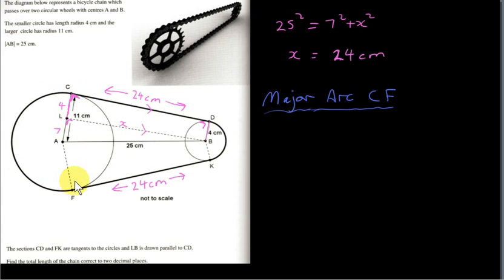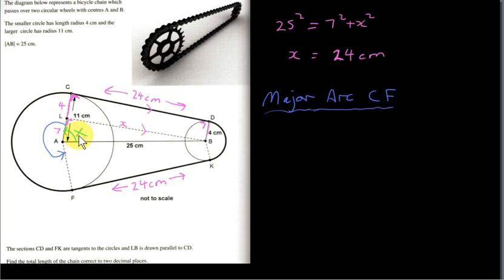To get the major arc, we need to get the proportion of the circumference that's taken up by arc CF. To get that proportion, we need to get this angle here. In order to get this angle here, we have to get this angle in here. But this angle in here is part of our right angled triangle.